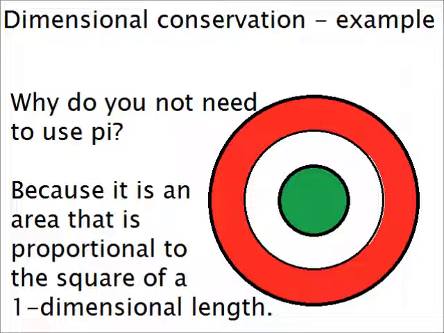Why don't you need to use pi when calculating how much of the circle was used? Because it's an area that's proportional to the square of a one-dimensional length. You know that the white and green together are 2/3 squared, which gives you 4/9, and you take away the third from the middle and you get 3/9.